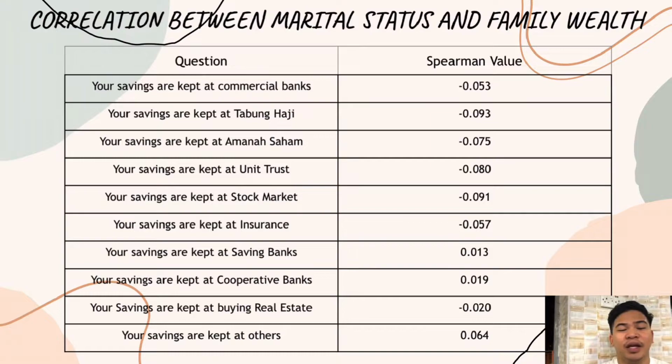Then, savings that are kept at buying real estate show weak negative interaction with the Spearman value negative 0.020. And lastly, savings that are kept at others show weak positive interaction with the Spearman value 0.064. However, most of the interactions are near zero, meaning almost no interaction.